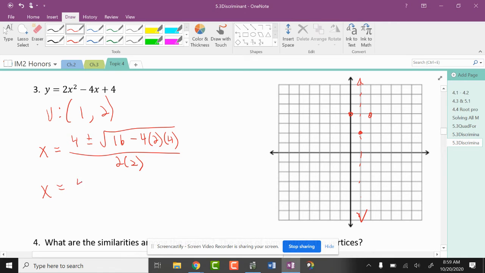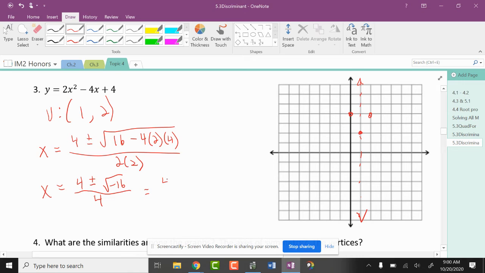X equals 4 plus or minus, oh no. 4 times 2 is 8. 8 times 4 is 32. 16 minus 32 is negative 16. Everybody, what kind of answer is this? Starts with an I. Imaginary. We got i numbers.